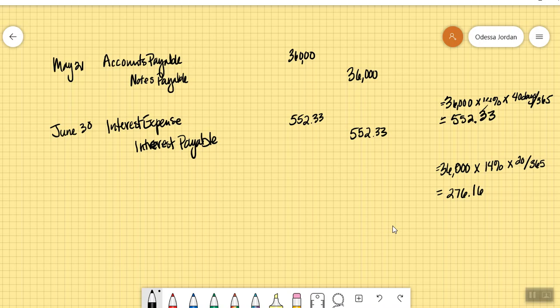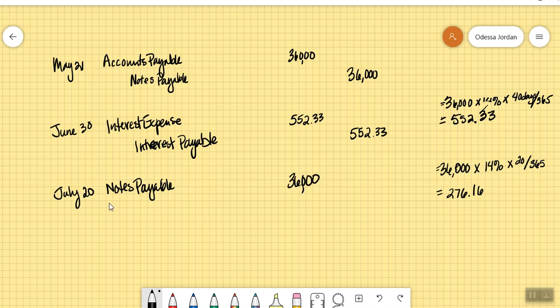Remember, this is going on a fiscal year, not a calendar year. So that's why I went from June to July. It doesn't mean actually the next year, but the next fiscal year, when their fiscal year starts. So we say July 20, and we say notes payable, which reflects the amount that we owe, the $36,000.